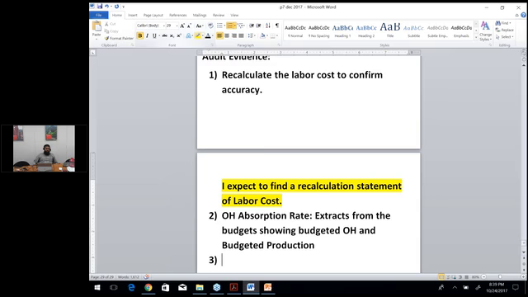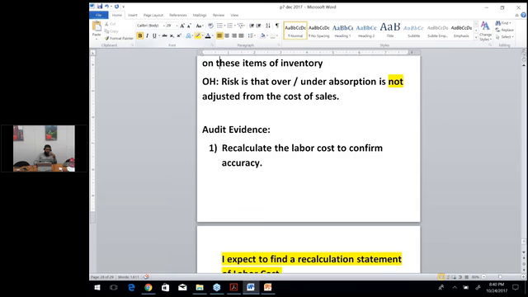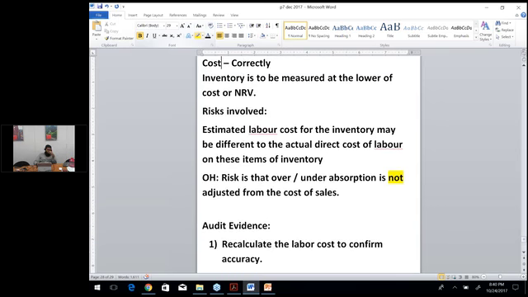If I could just summarize what I have been telling you, you need to think about what are the risks involved, and you perform the procedure accordingly, and the procedure would result in an evidence. If I'm a senior manager or a partner, I'm expecting that my junior would have performed the procedure, gathered the evidence, and documented it in the working paper.